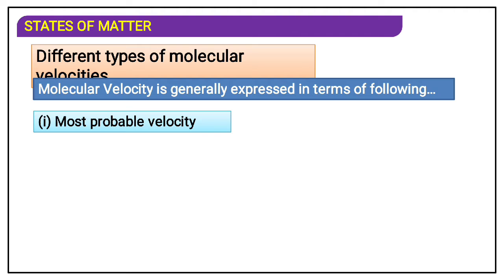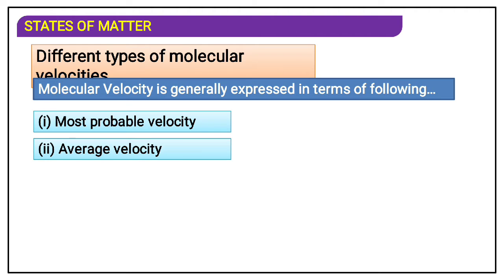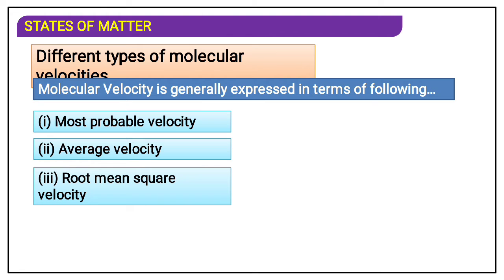The next one is average velocity. These are the three types of velocities: most probable velocity, average velocity, and root mean square velocity.